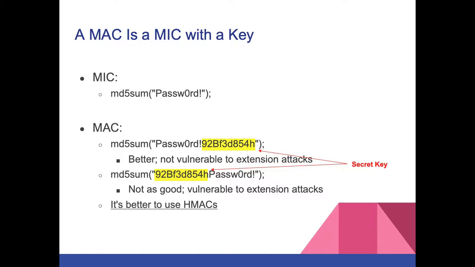Before we move on to that, here's what you really need to know. MACs provide a measure of integrity. Let's go back to our earlier example where we've published a program on our website. Let's say that we used a MAC, meaning a keyed hashing algorithm, instead of a MIC, or unkeyed hashing algorithm.